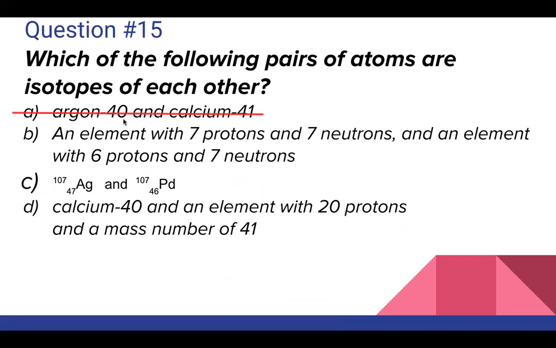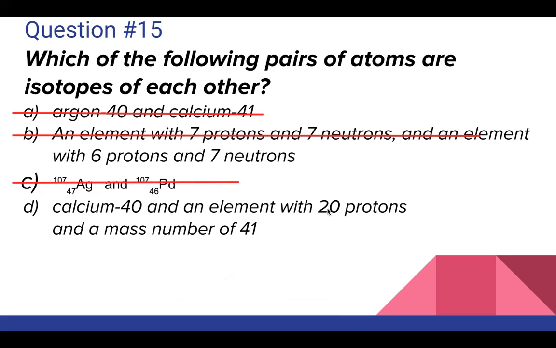That's not right. An element with 7 protons and 7 neutrons and an element with 6 protons and 7 neutrons. No, you just change the number of protons. That's going to result in different elements. That's not right. Here we have silver and palladium. Those are different elements. So they can't be isotopes of each other. So D is going to be our correct answer.